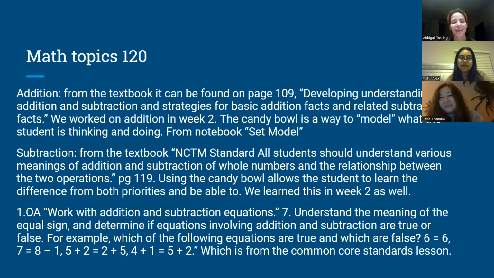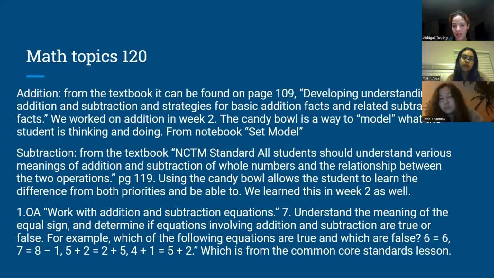Addition from the textbook can be found on page 109: developing understandings of addition and subtraction and strategies for basic addition facts and related subtraction facts. We worked on addition in week 2. The candy bowl is a way to model what the student is thinking and doing from the notebook set model. Subtraction, from the notebook.